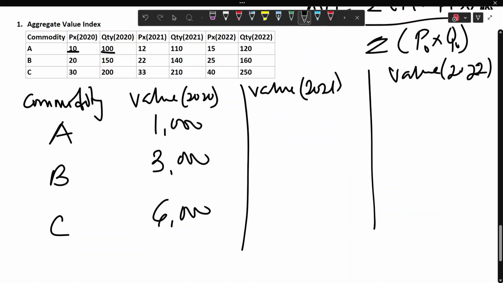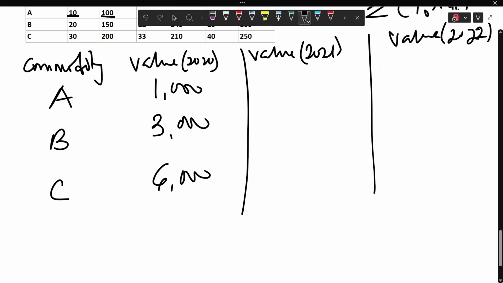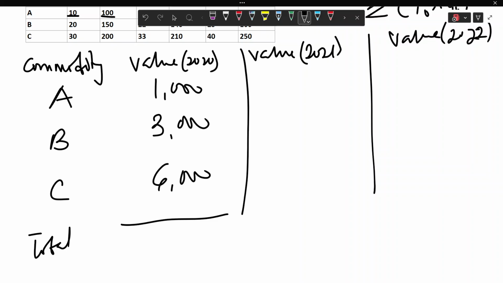When we are done, we find the total because we are dealing with aggregate. So the total is 1000 plus 3000, 4000, 4000 plus 6000, 10,000.